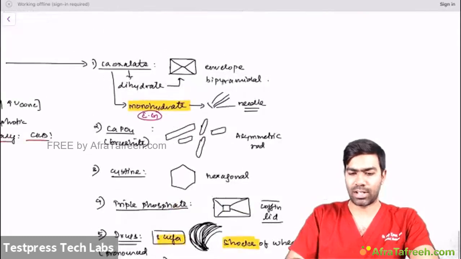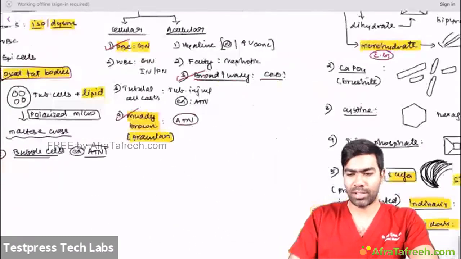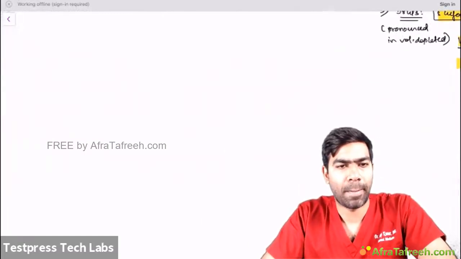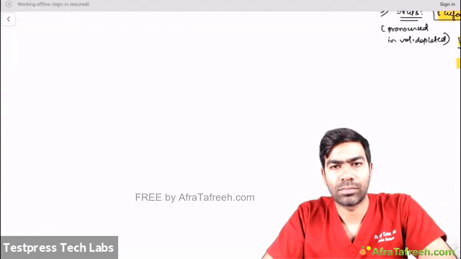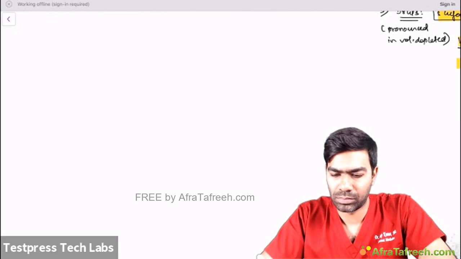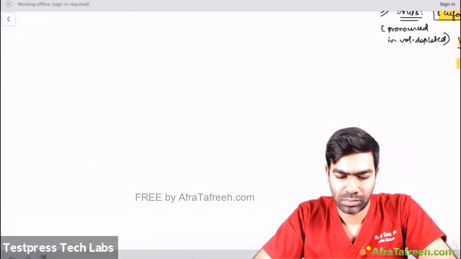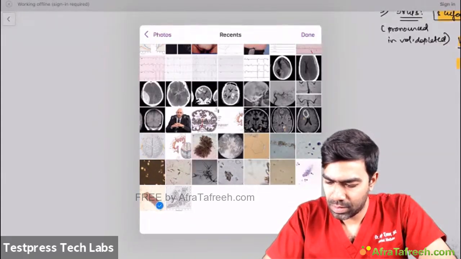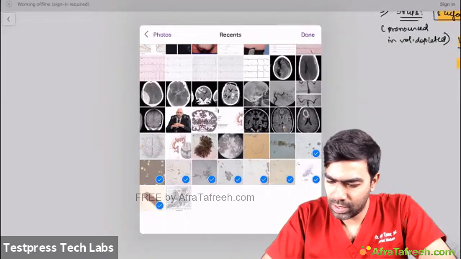So these are the crystals that we need to remember for exams. And let me show the images. Let me load the images. I think only 10 images can be loaded.